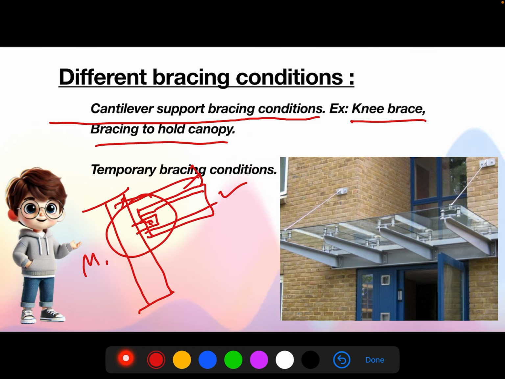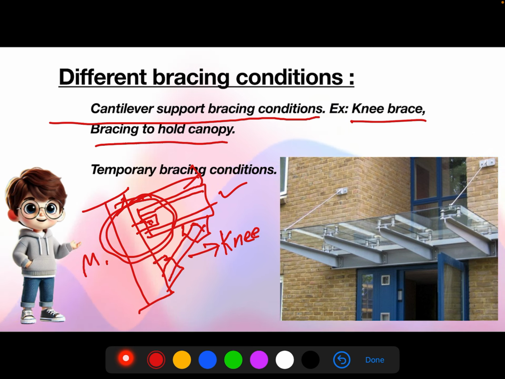Correct, right? But for example, this may be a semi-rigid moment connection or a shear connection. You can't provide a moment connection here. So in that condition, I will provide a supporting brace like this. We call this a knee brace.